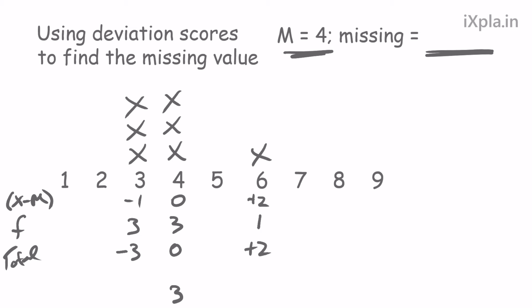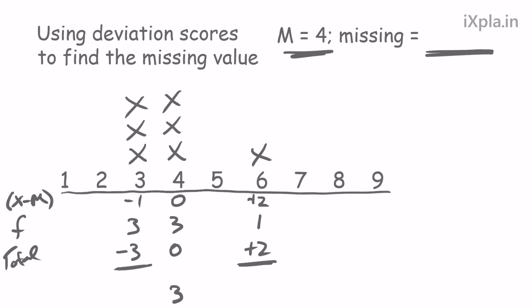As we said before, the mean always balances the positive and negative scores. Right now, the positive and negative deviations are not balanced. We have a plus 2 on the positive side and a negative 3 on the negative side. So obviously, we need one more positive deviation in order to balance them out.